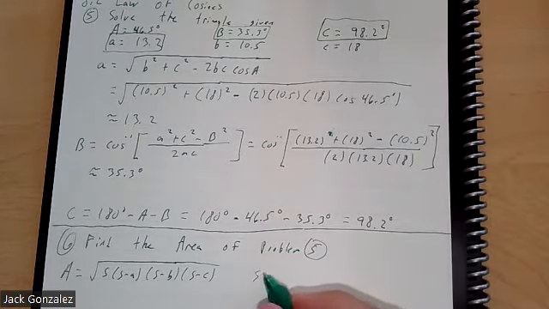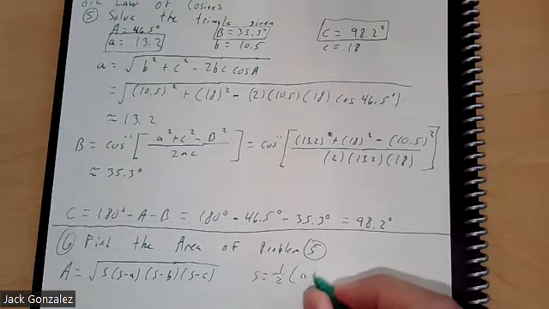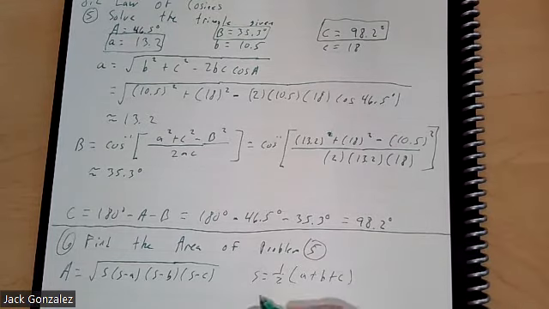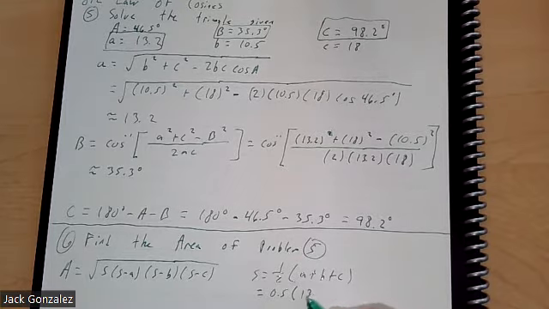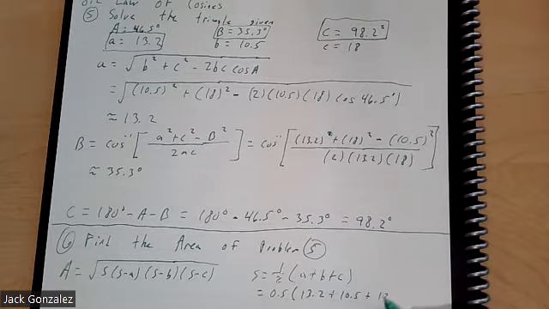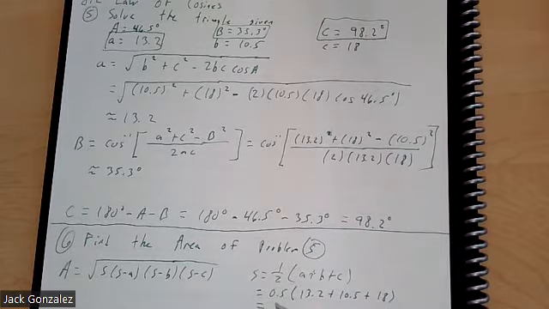And then find s equal to 1/2 the sum of all the sides. So that'll be 0.5 times 13.2 plus 10.5 plus 18. And that should be 20.85.